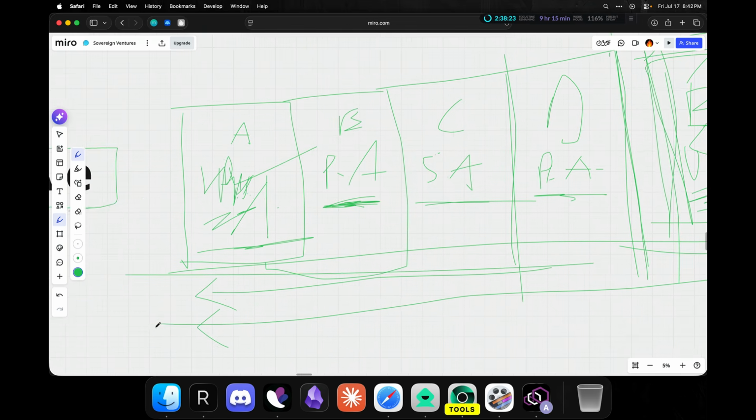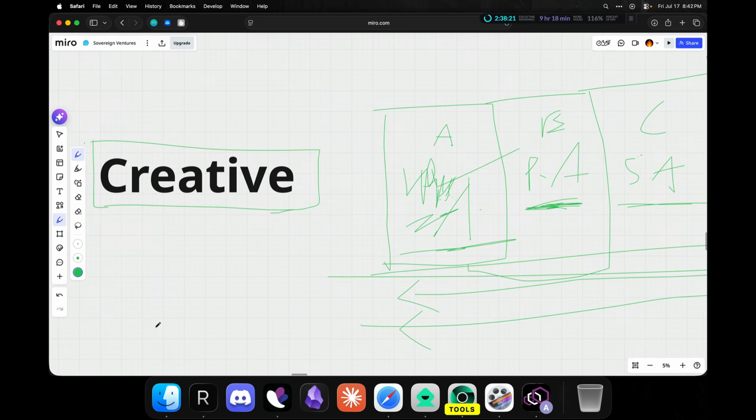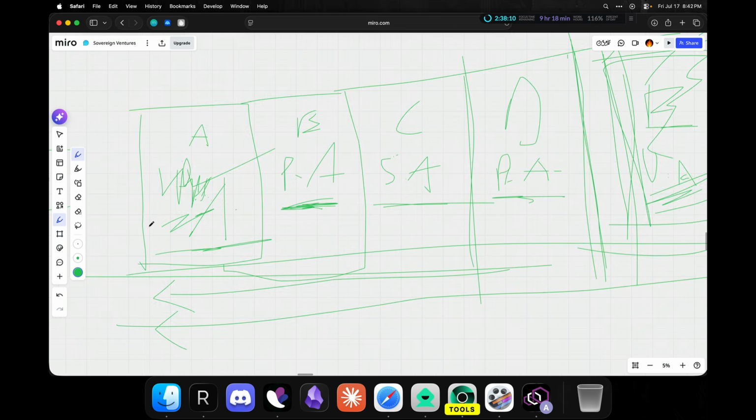Okay? So what you need to understand is that the reason your creative or your performance on Meta stalls when you scale is not because there is a problem with Meta. It's simply because you're horrible at marketing and you don't understand this. Okay?